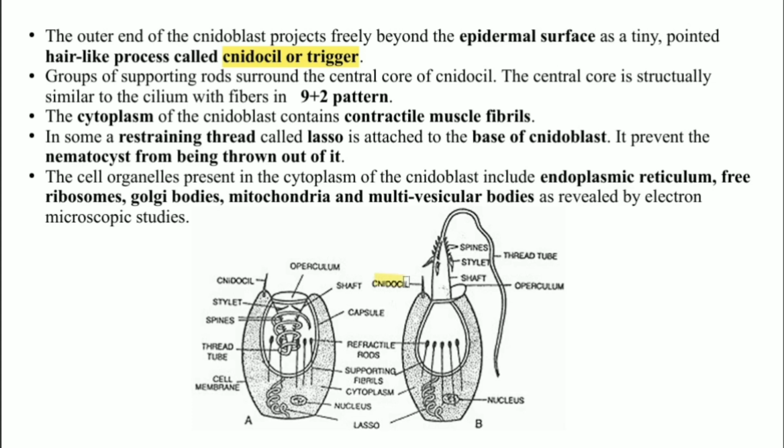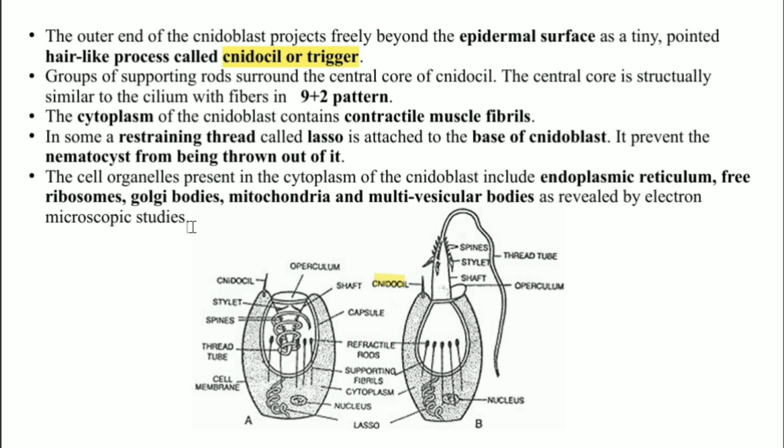It is also called as trigger. It has 9+2 arrangement pattern, as we can see in cilia. There is also 9+2 arrangement, and here also 9+2 arrangement is present. Now the cytoplasm of the cnidoblast contains contractile fibrils.